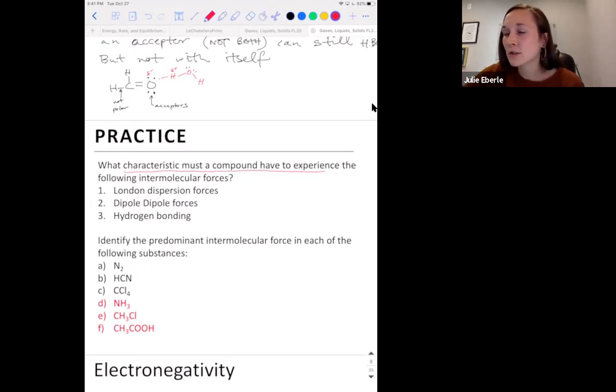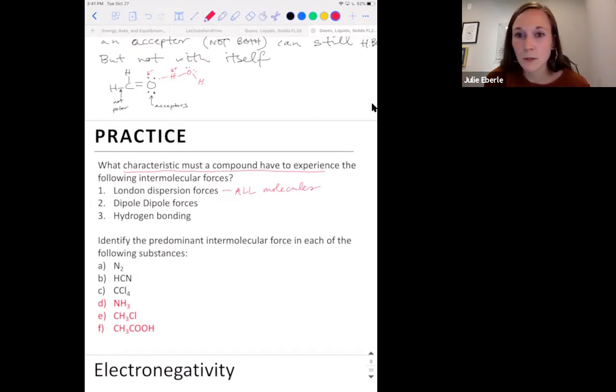So London dispersion forces. Honestly, this first one's kind of a trick question. Are there any requirements? We said all molecules experience London dispersion. So there's no requirements here. All molecules experience these. You just have to be a molecule. All right, no specific requirements there.